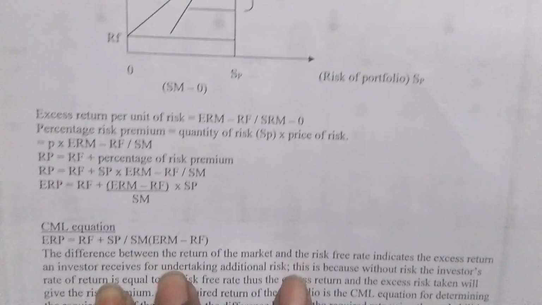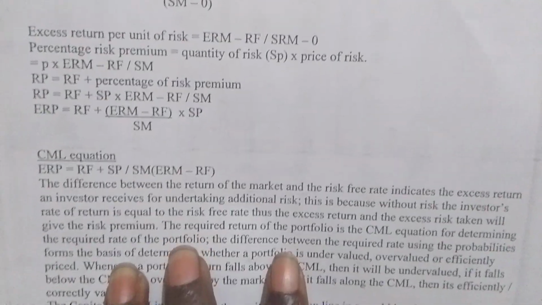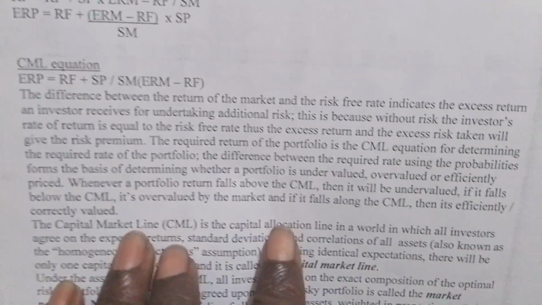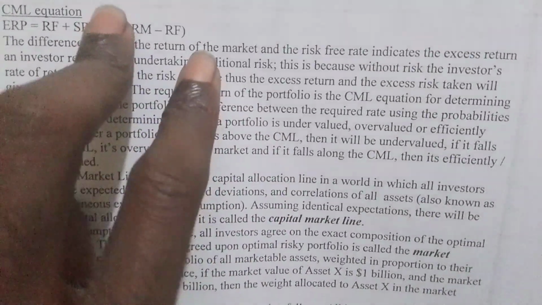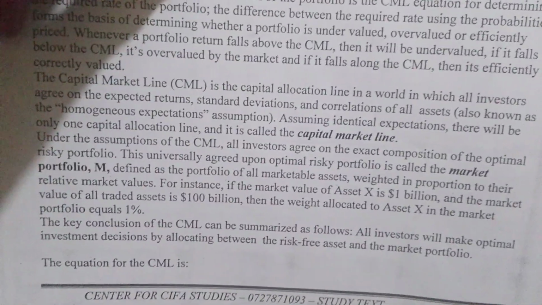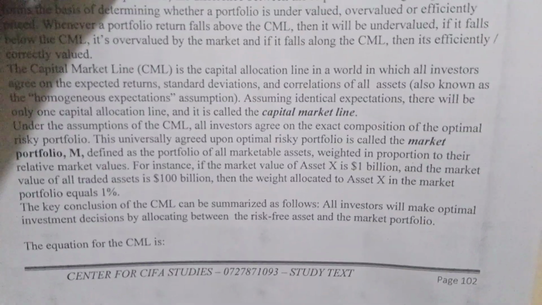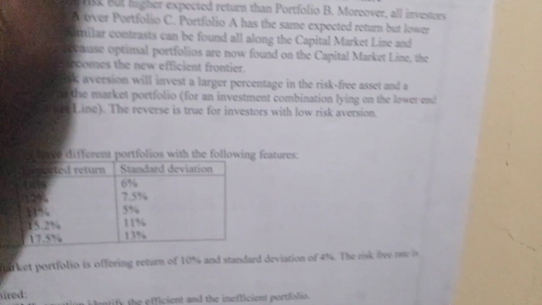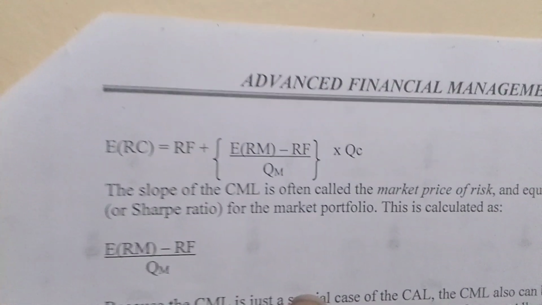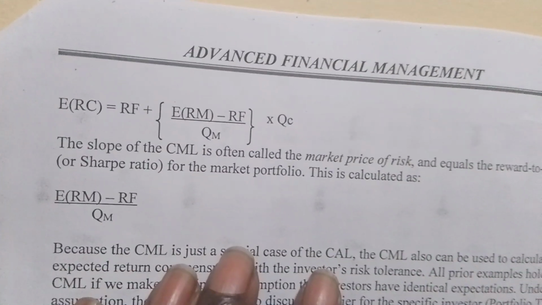Remember, you are doing capital market line, and then understand the formula, then go through those notes as they appear in this one of my published books. Once you're through that, you go to page 103. Now from page 103 is where you start our question.